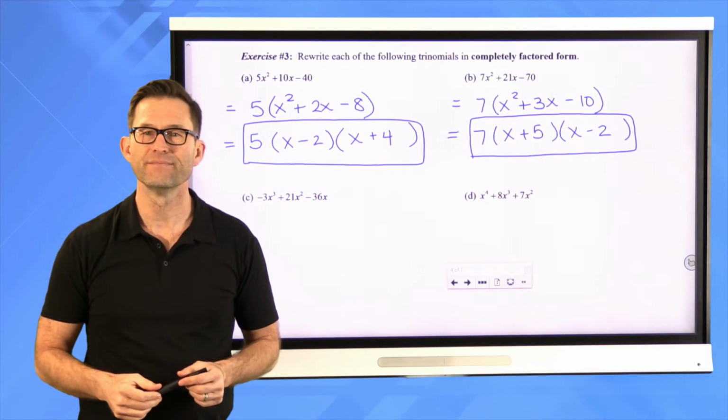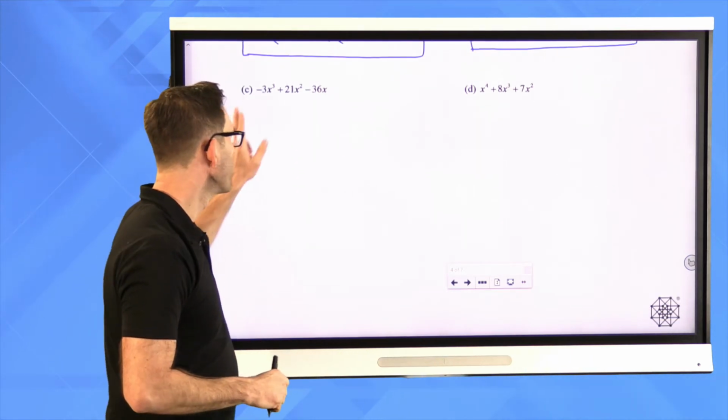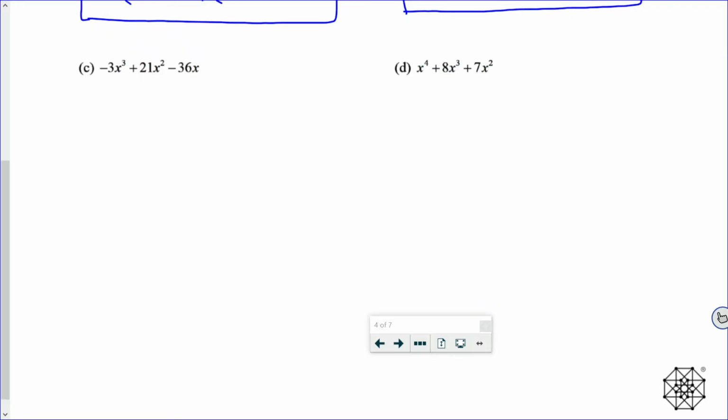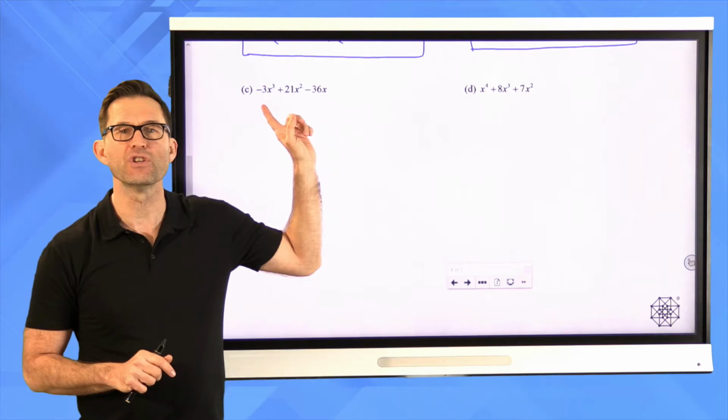All right? Now let's take a look at two that are a little bit more confusing, and really take a look at letter C up close. I want to factor negative 3x cubed plus 21x squared minus 36x. This is the first time I've seen this, where the leading coefficient is negative.